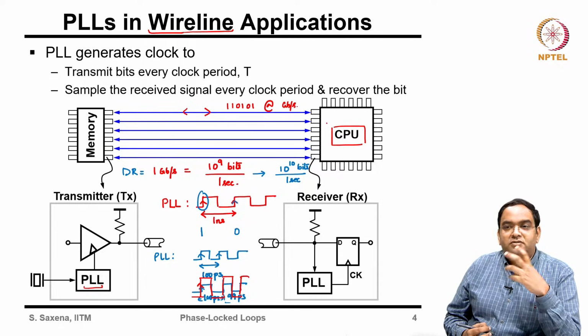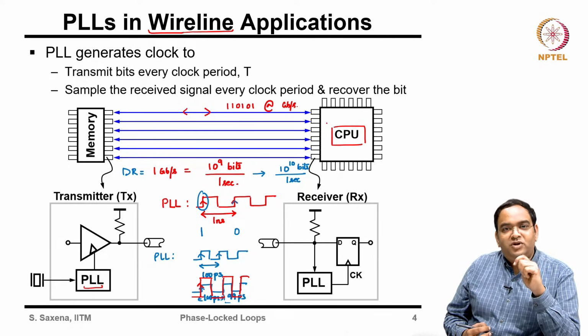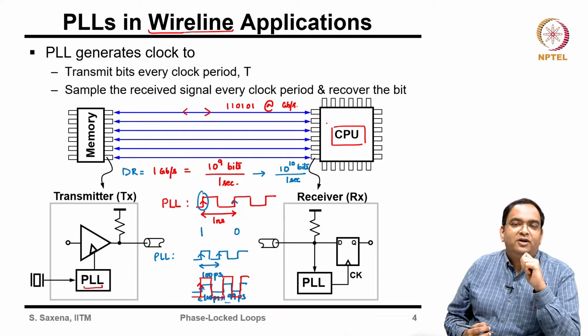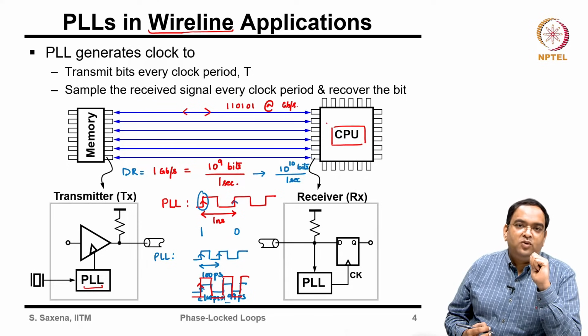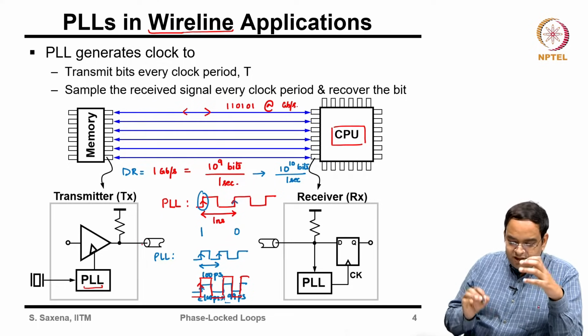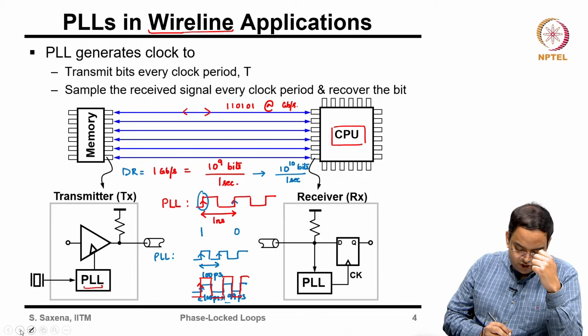Okay. So, in literal terms, you can say it is fast. In technical terms, you can say the clock is at a very high rate. Clock has a very high frequency, or your period of the clock is very low. Okay. So, these are the two applications, at a very broad level, where you are going to use clock.